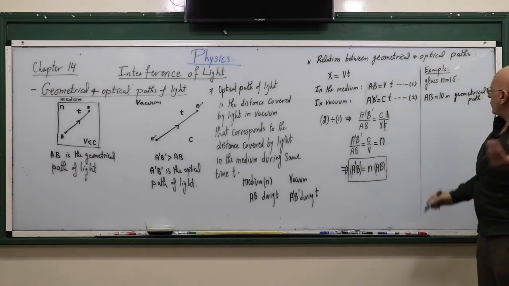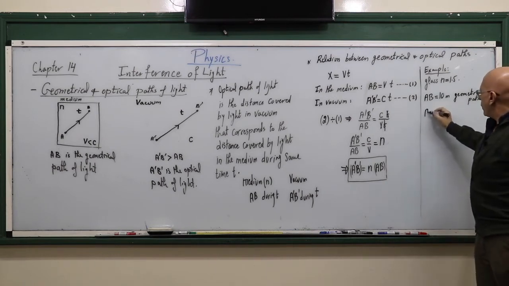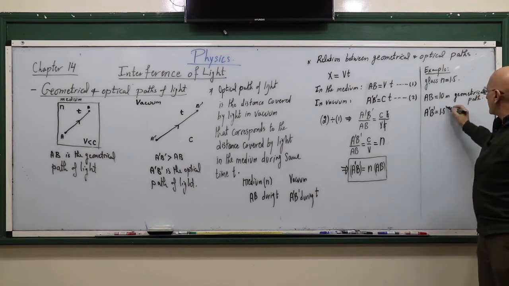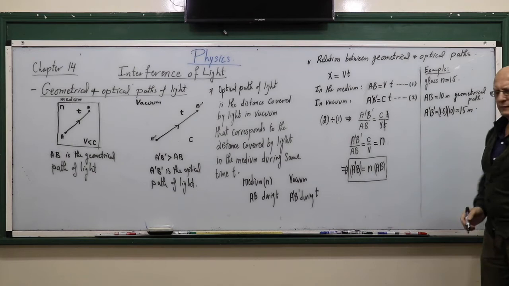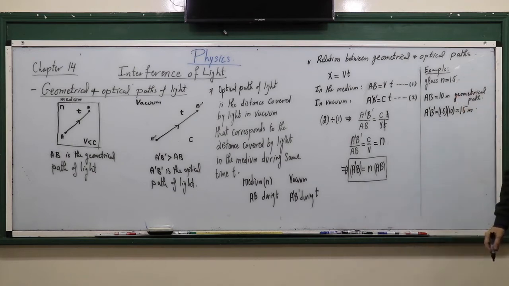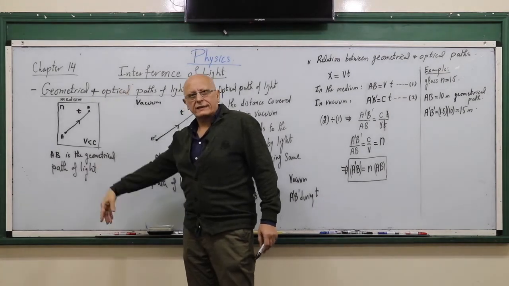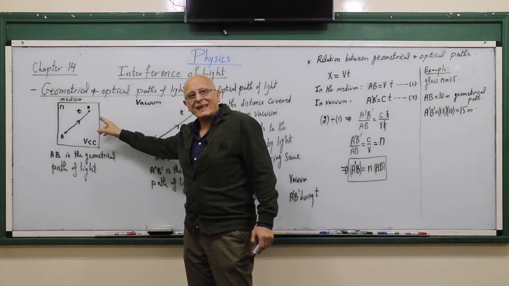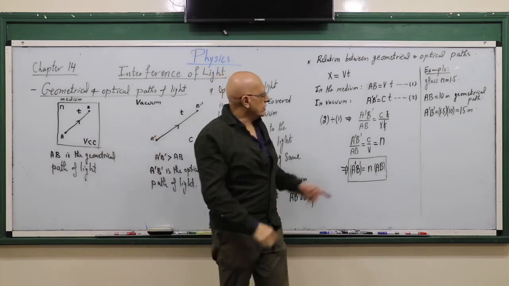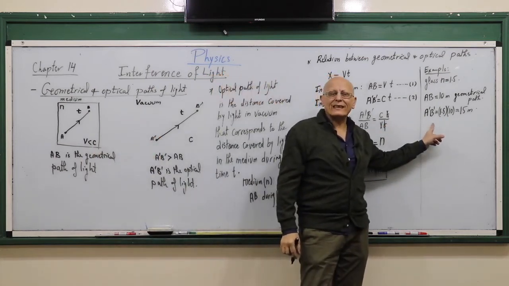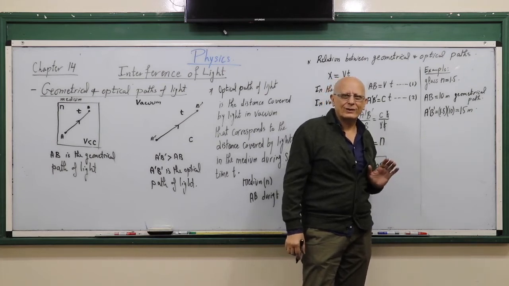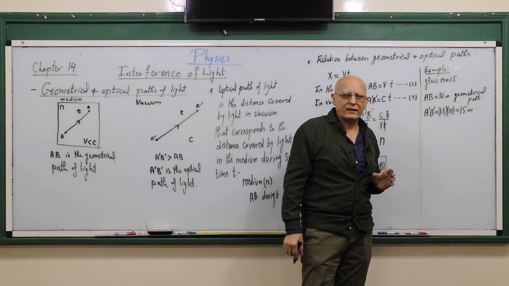So the optical path A prime B prime of light is 1.5 times 10, which gives you 15 meters. What I can do is remove the glass and replace it by vacuum, on condition that I consider light has covered 15 meters. This is called the optical path.